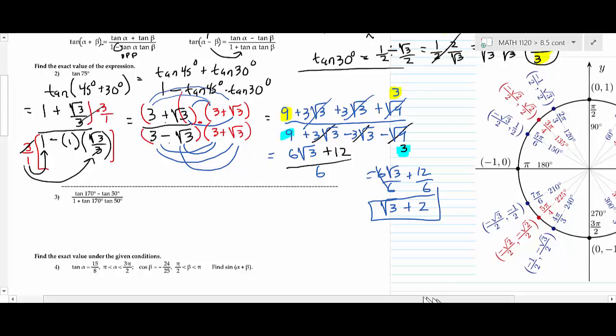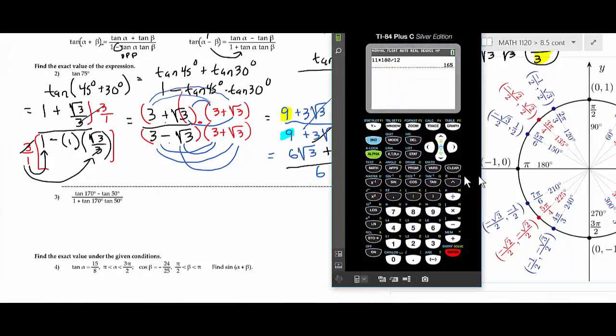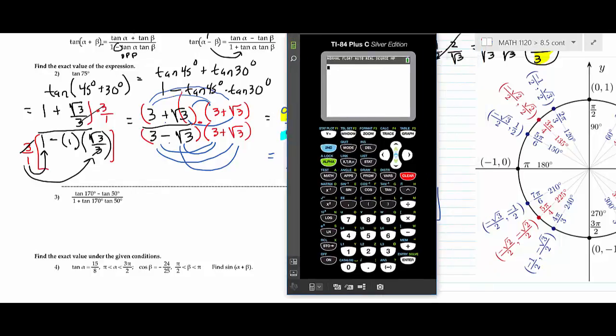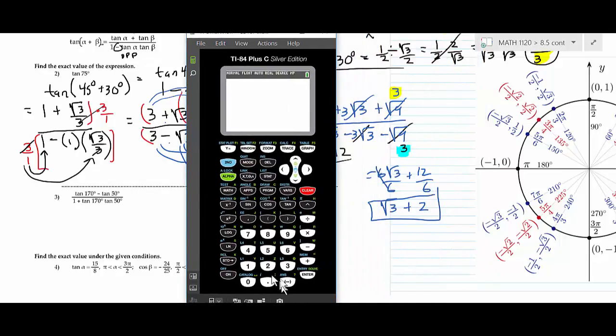And again, I want to remind you on this, like if you're doing something online, like a quiz or something like that, if your calculator is in degree mode, which it is, you can check and tell this is right this way. So if you were doing a quiz, I'd recommend you do this, because it only takes a few seconds to do this. So if I do tangent of 75, that'll give me the decimal number for that.